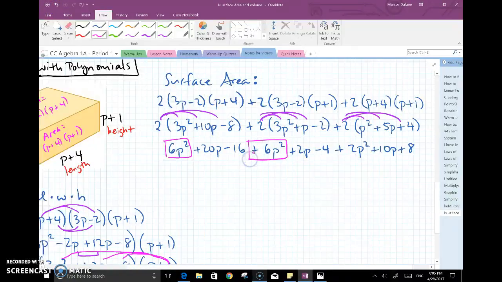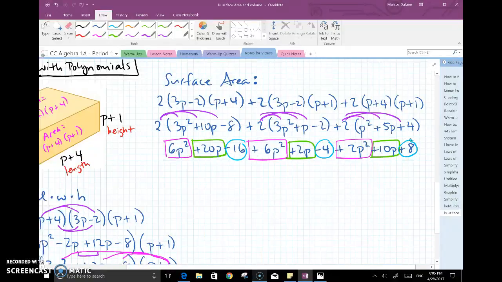Okay, so powers of 2 go together. Powers of 1 go together, so that would be this one, and this one, and this one. And then constants, they go together. So that would be this one, and this one. Okay, those are all the constants.